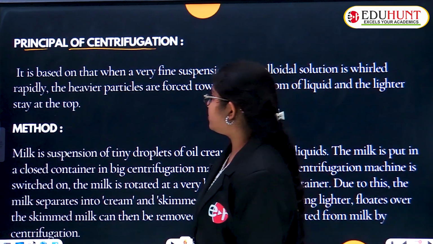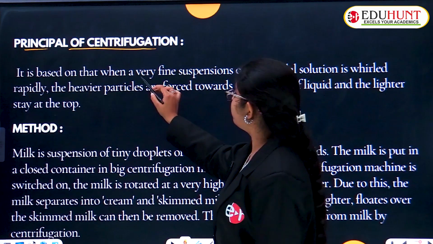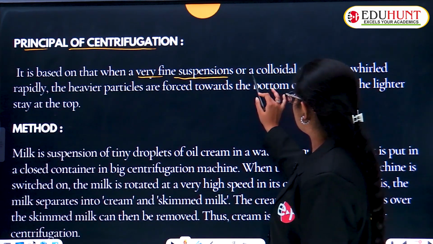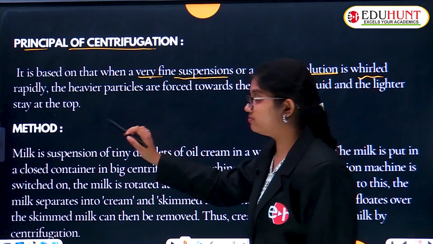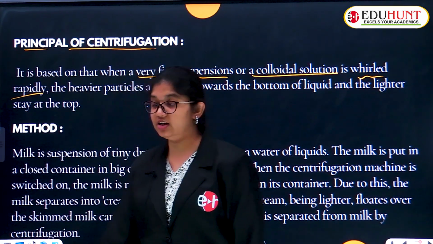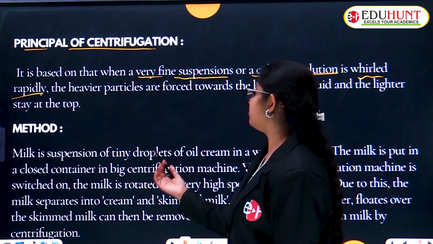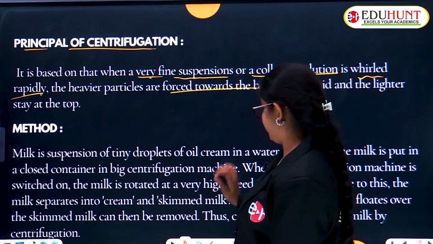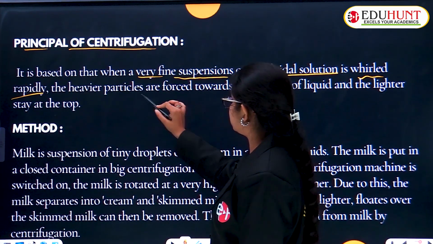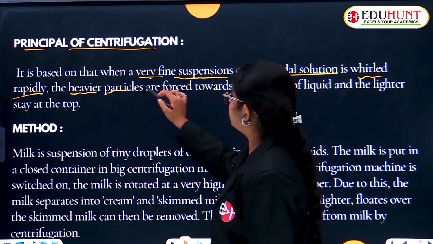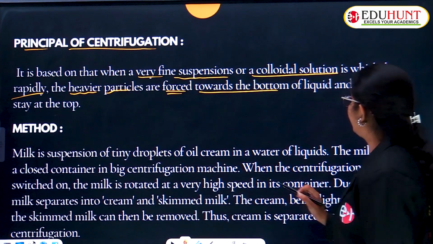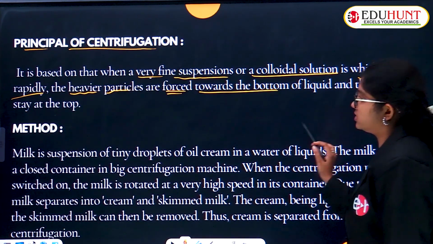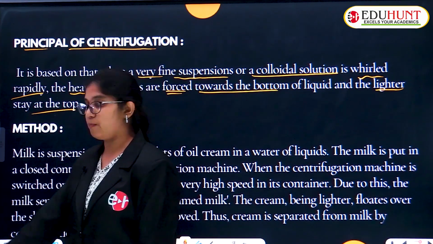It is based on this: when a very fine suspension or a colloidal solution is whirled rapidly with high force, high speed, the heavier particles are forced towards the bottom, very important, and the lighter particles stay at the top.